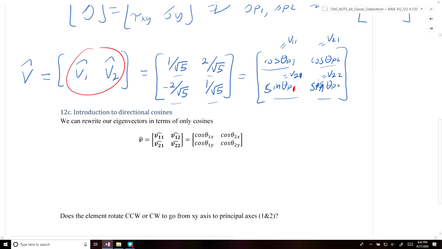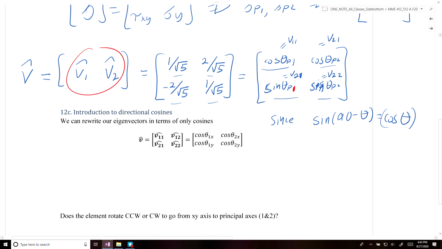Using the relationship between sines and cosines, the sine of 90 minus theta is the same thing as cosine of theta.